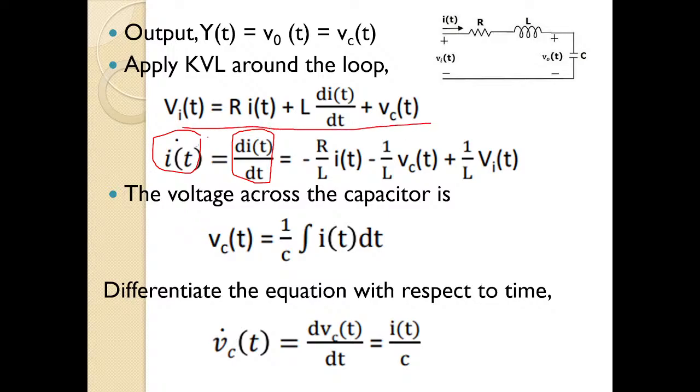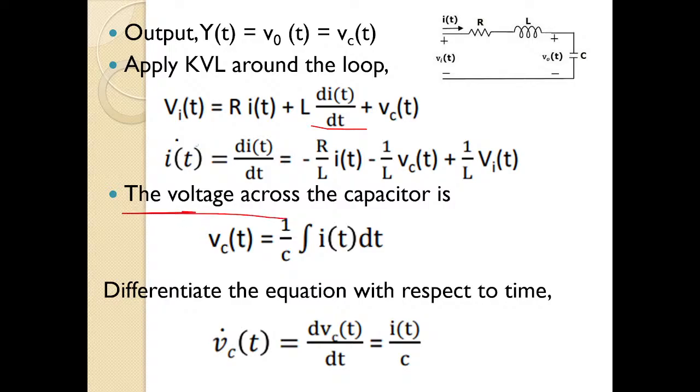Vi of t minus Vc of t minus R I of t, whole divided by L. So what I have written here is minus R by L I of t minus 1 by L Vc of t plus 1 by L Vi of t. Okay, I have sent all these terms to the right side and kept this on the left side, which I have written in the reverse way in this slide. I hope you have understood. I didn't do anything.